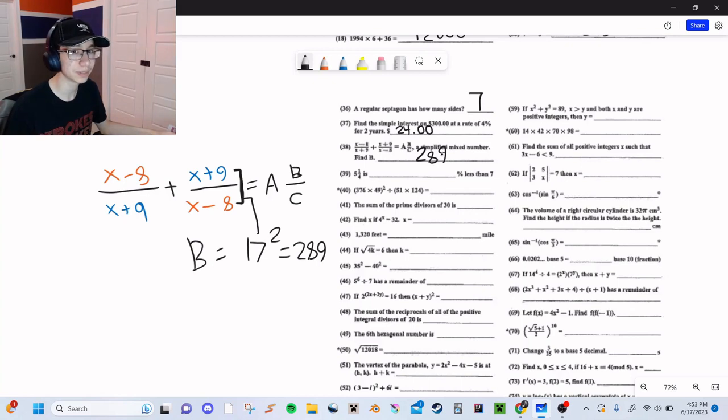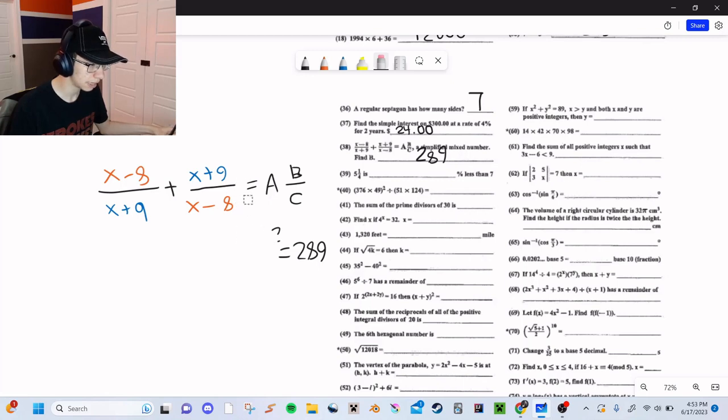Let me give you guys a few more examples. Okay, so let's say that I have a fraction here. Say this fraction is x plus 5 over x minus 7.